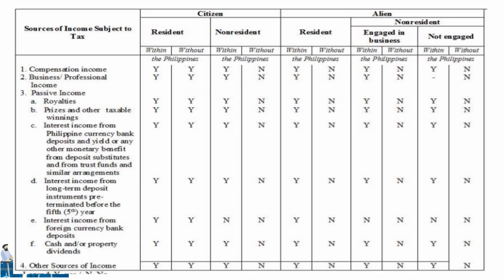So let's proceed. Here is what we have. So for income tax, we have different categories. We have the resident citizen, non-resident citizen, and resident alien, which are subdivided further into two, which is not engaged in business and engaged in business.